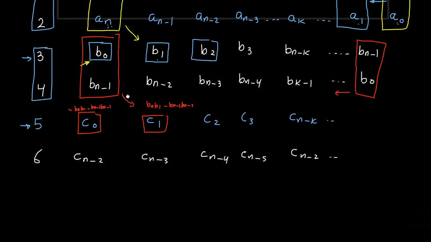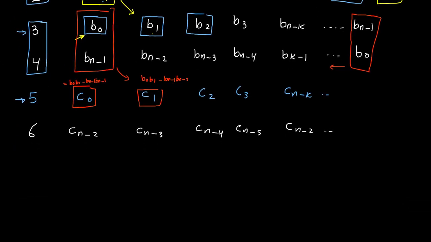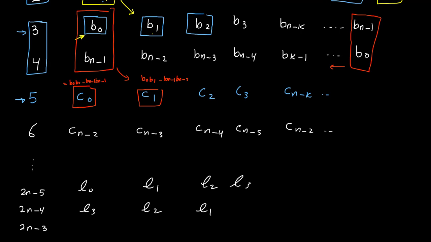And this will continue until we are reaching, for example, here 2n minus 5 line, 2n minus 4 line. I will stop when reaching 2n minus 3 line. Let's assume this one is L0, L1, L2, L3. So this will be the L3, the reversed. This will be the L2, this will be the L1, the L0.